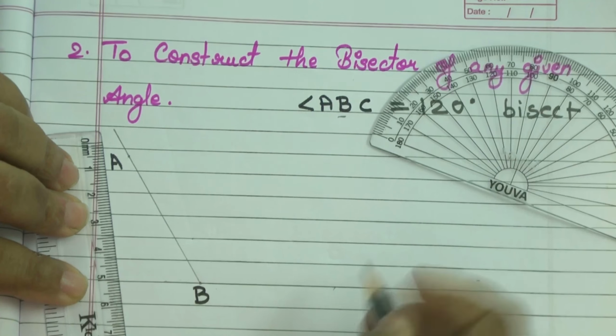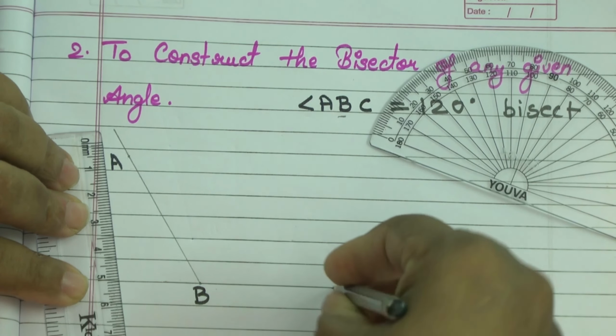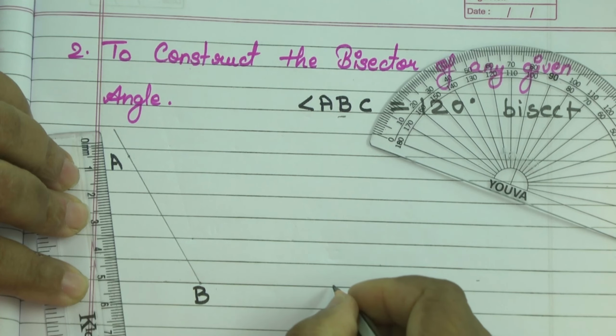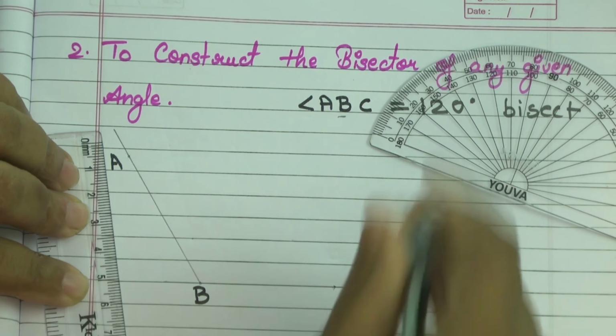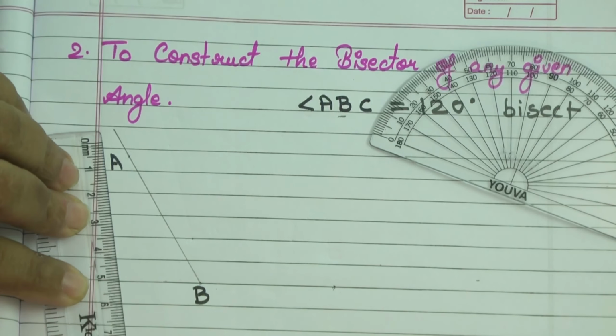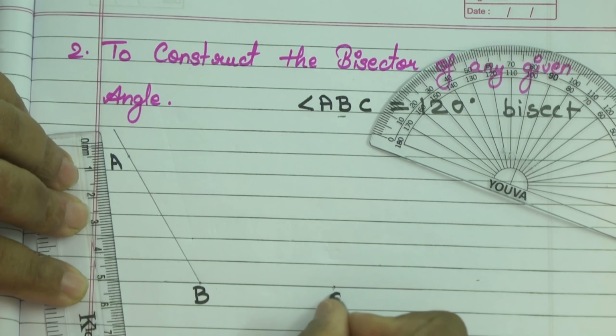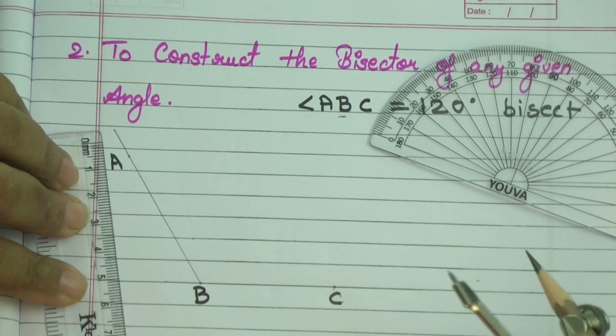Mark anywhere the point C, but give a press on the page so that you can locate the point when you are using the protractor. Mark it as C. See, I am using here a sketch pen so that it can be clearly visualized by you.